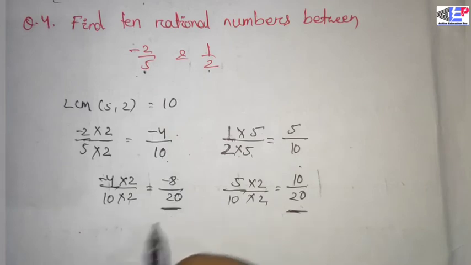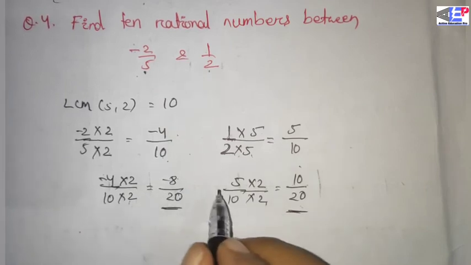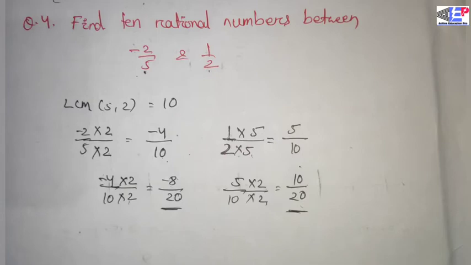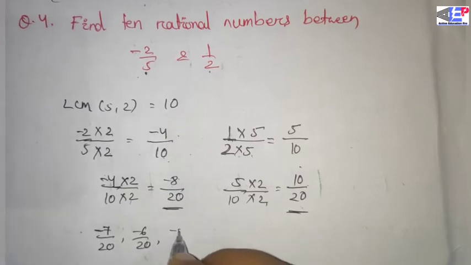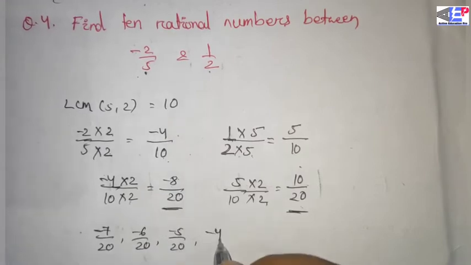So it moves from the negative rational number towards the right, from left. Minus 7 by 20, minus 6 by 20, minus 5 by 20, minus 4 by 20, minus 3 by 20.